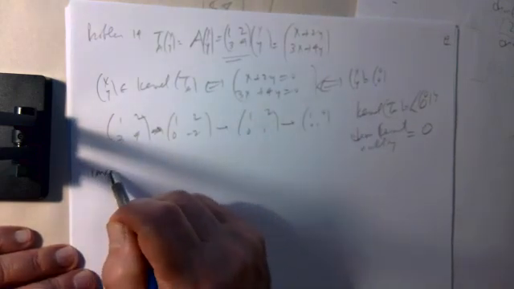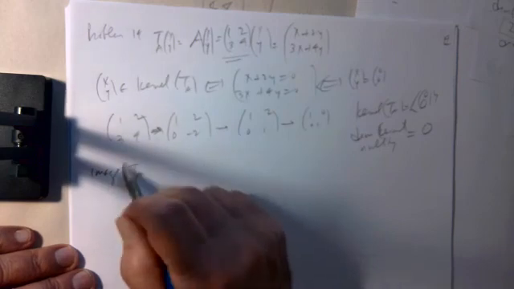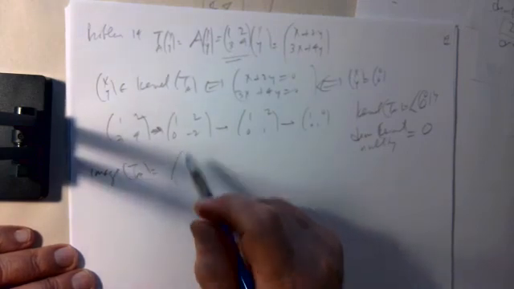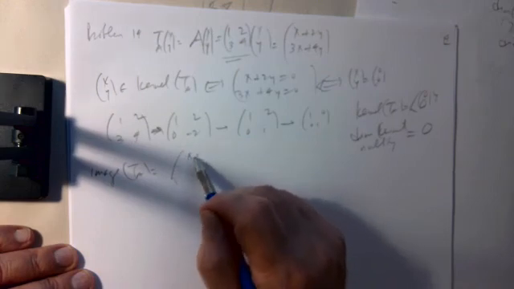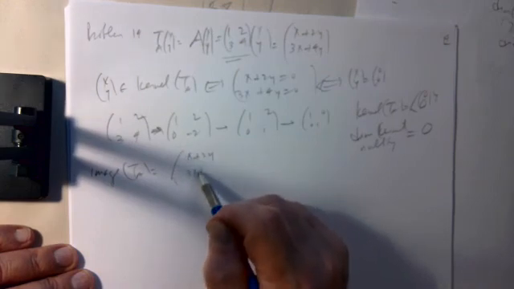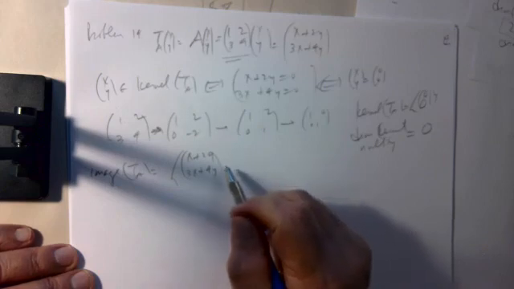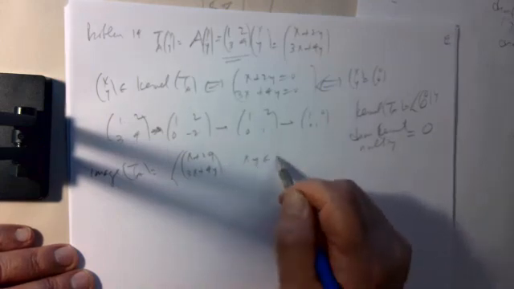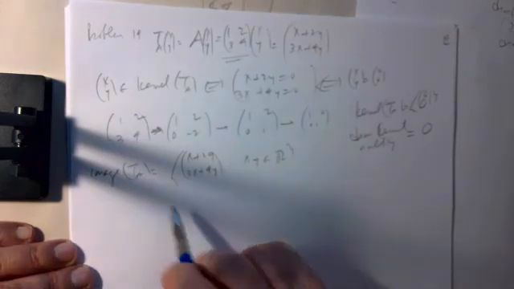What is the image of T sub A? So it's all vectors (x plus 2y, 3x plus 4y) for all possible choices of the scalars x and y.